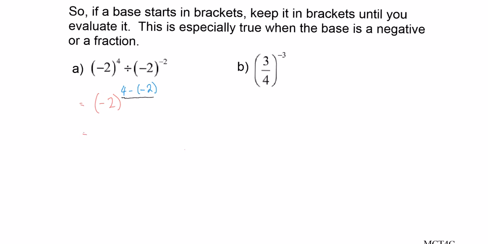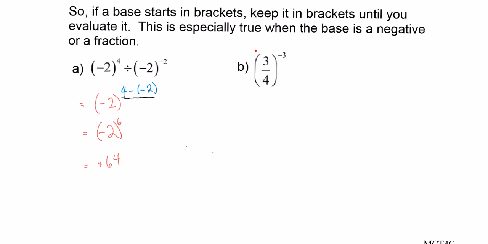And you would find out that you'd have (-2) all raised to the power of 6 in the end. And notice how I have to continue putting my -2 in a bracket. Now when I raise -2 to the 6, we get +64.